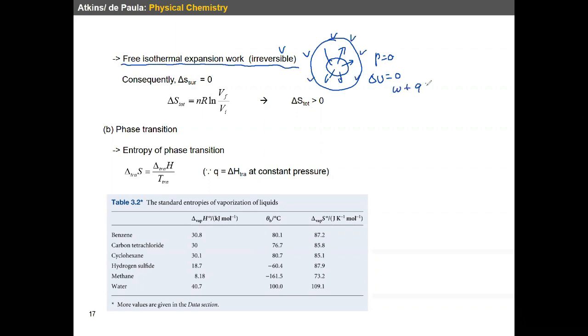W 플러스 Q가 0이니까 결국 W가 0이죠. P가 0이니까. 그러면 Q도 0이고, 외부로 행해지는 엔트로피 변화는 0이고, 토탈 엔트로피 변화는 이렇게만 표현이 된다. 볼륨이 익스펜션 하는 방향으로 가기 때문에 항상 0보다 커지는 거고, 그렇기 때문에 비가역적인 반응인 거죠.